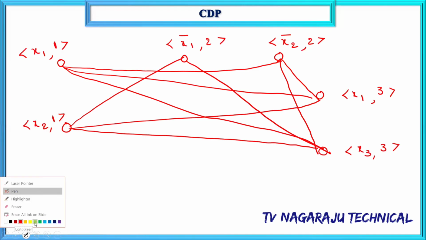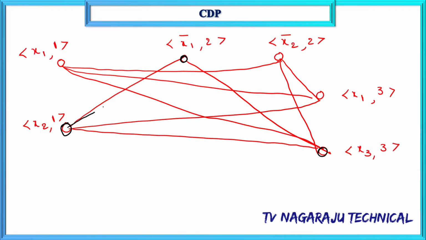Now from this graph, you need to identify a subgraph. Take any subgraph such that the subgraph is a complete graph. For example, not only this, you can take any subgraph.